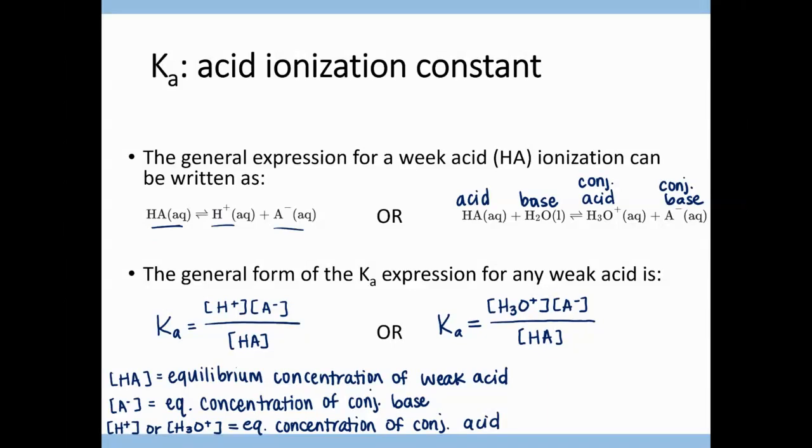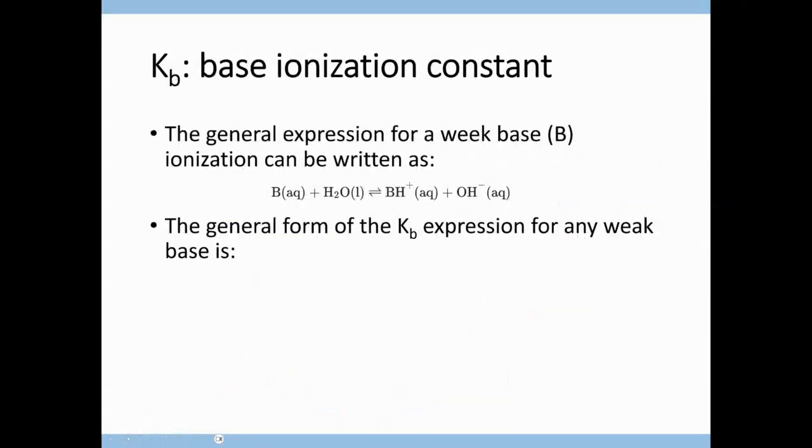A little bit more about Kb and then we'll do a question. So for a weak base in solution, we have base B reacting with H2O. Definition of a base is that it accepts a proton, so H2O gives away a proton and becomes OH minus, B becomes BH plus.